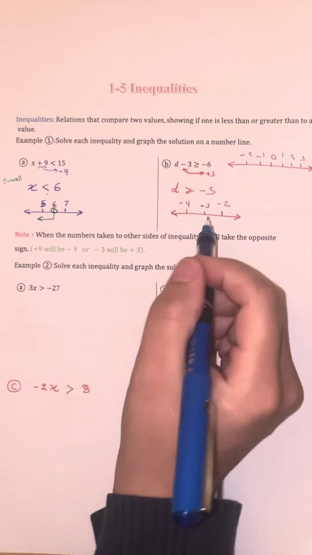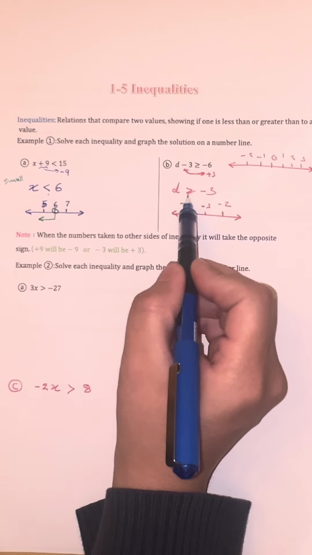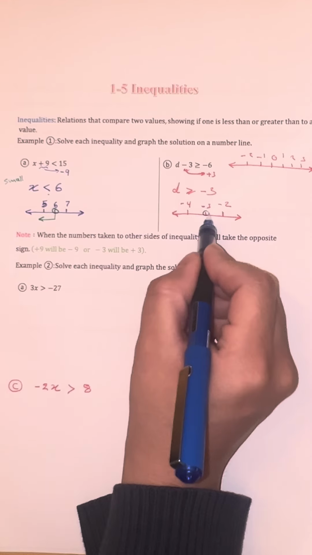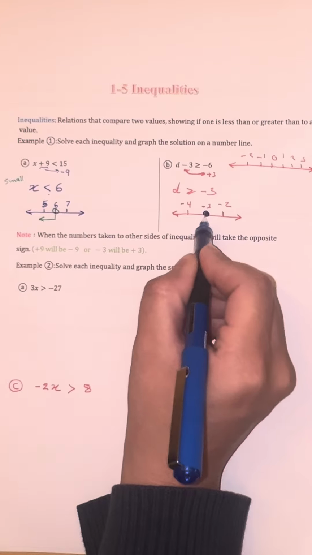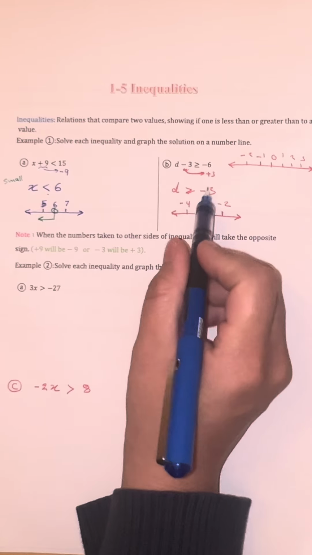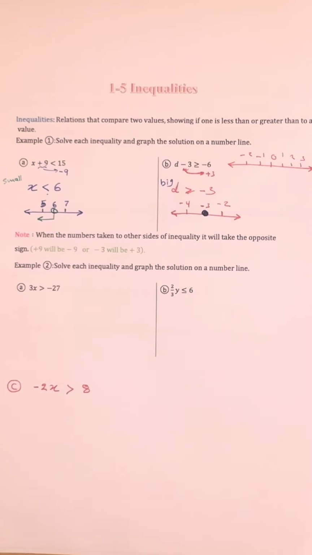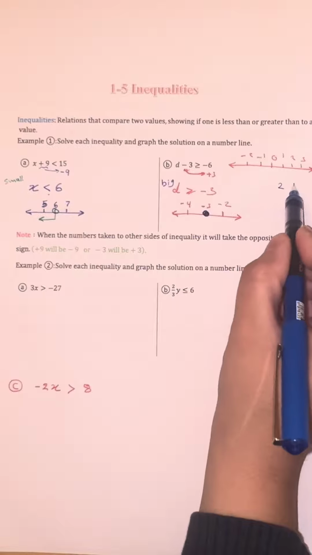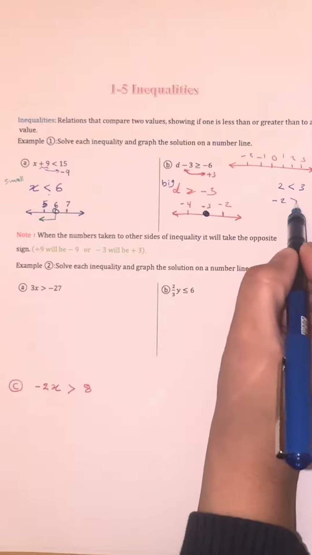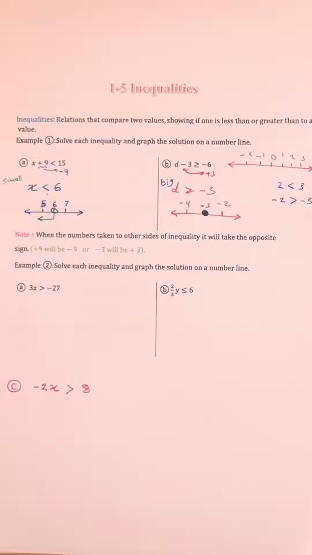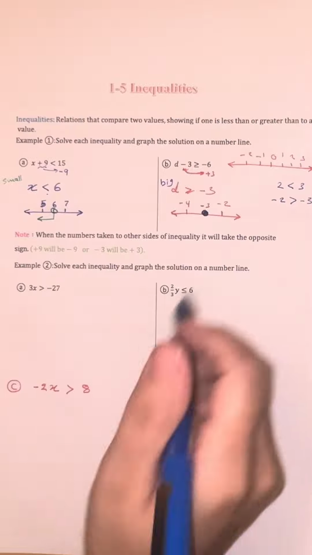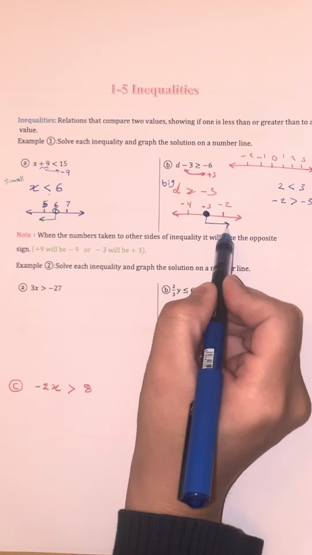For showing the solution, there is an equal sign with the symbol, so I will draw a closed circle. So d is greater than means big number. Which side is big? There's a note, I explained it in the previous lesson. For example, 2 is less than 3, but negative 2 is greater than negative 3, because a lower value with a negative sign will be greater. So this side is the solution.